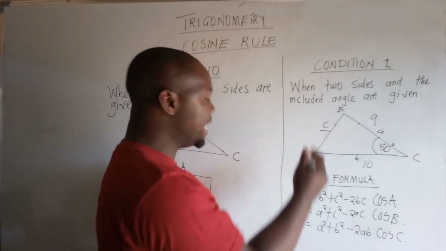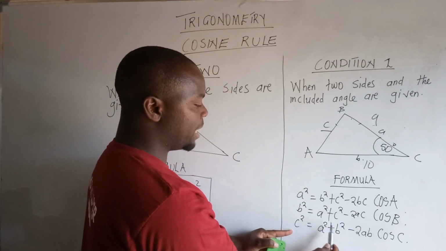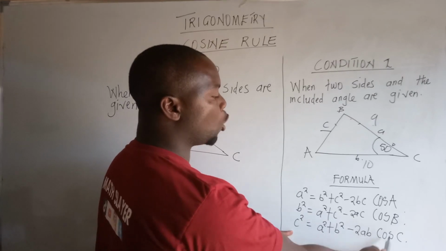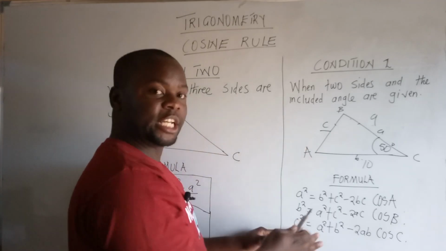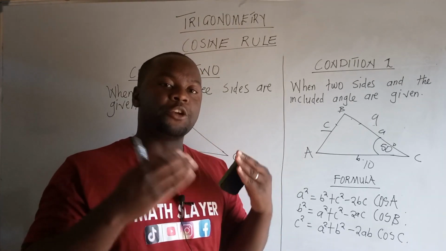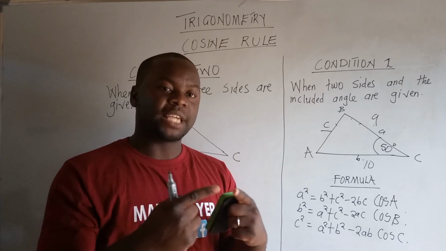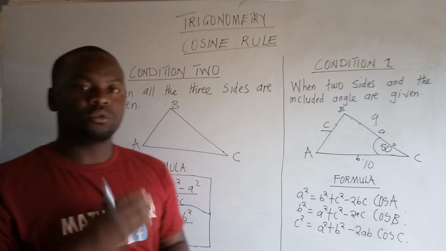So in this case, we use the formula which says c squared is equal to a squared plus b squared minus 2ab cos C. So we need to note this condition. This condition is purely saying that we will use the cosine rule when you have been given two sides and an included angle.